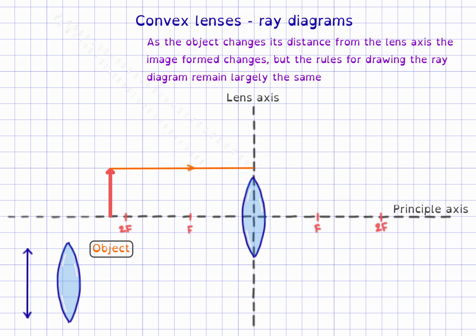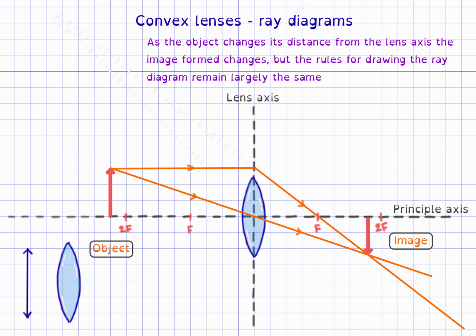One parallel to the principal axis, refract it when it gets to the lens axis as though it's going through the principal focus on the second side of the lens. Draw another ray straight through the point where the lens axis and the principal axis meet and extend this line. Where the two rays meet, that's where your image is formed. This image is upside down, it's smaller, and it's a real image.